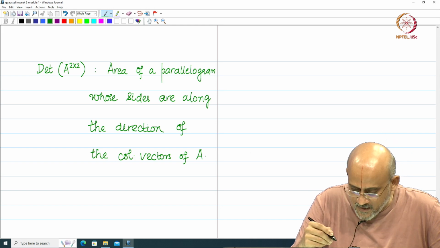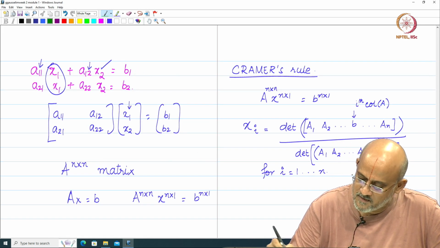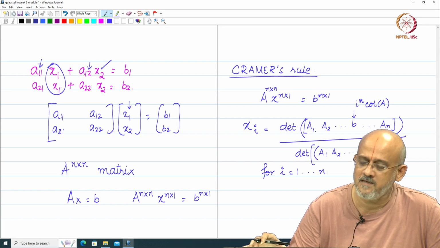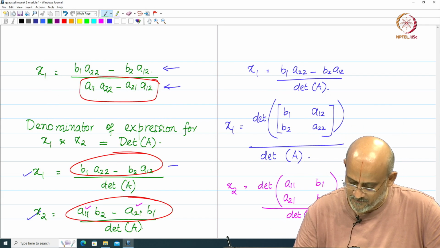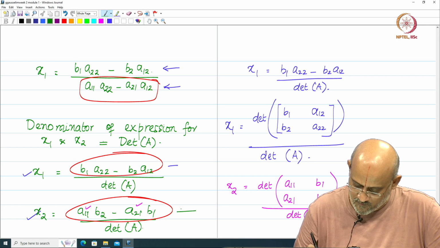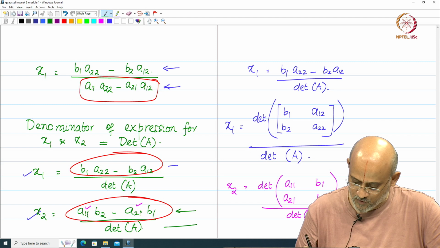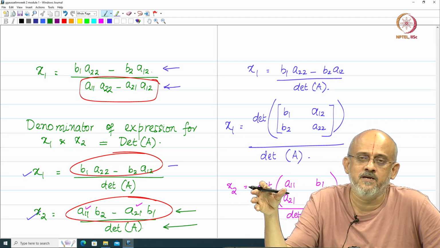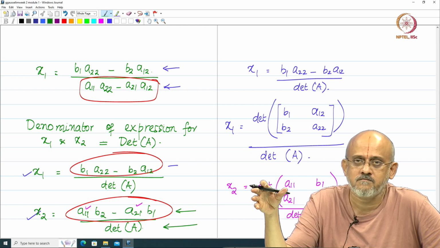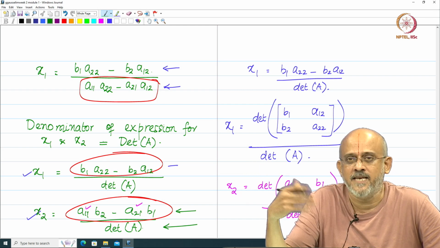If you look at Cramer's rule, it is going to be the ratio of two determinants. If you take 2 by 2 as we saw before, this is basically a ratio of the area of one parallelogram to the area of another parallelogram, which we will see in detail when we look at the idea of vectors, from next week.